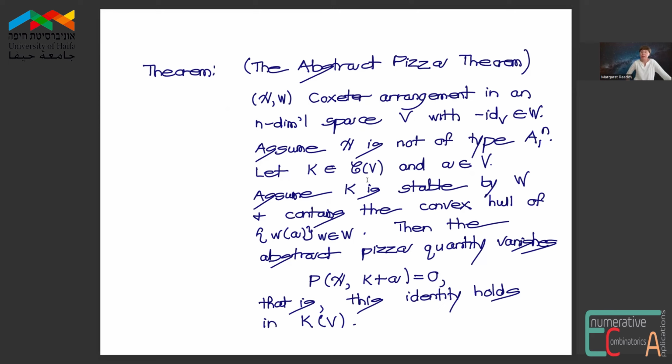We have a subset in script C of V and a point A in the vector space V. As usual, we assume the set K is stable by the group and contains the convex hull of all these images of the point A. And the result is that the abstract pizza quantity vanishes. So what this means is that this identity holds in K of V, that there is a dissection proof.